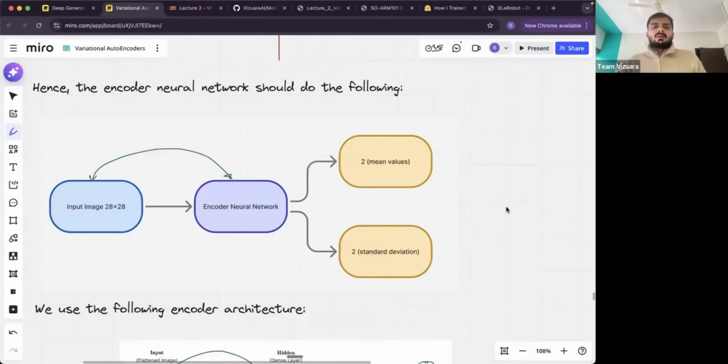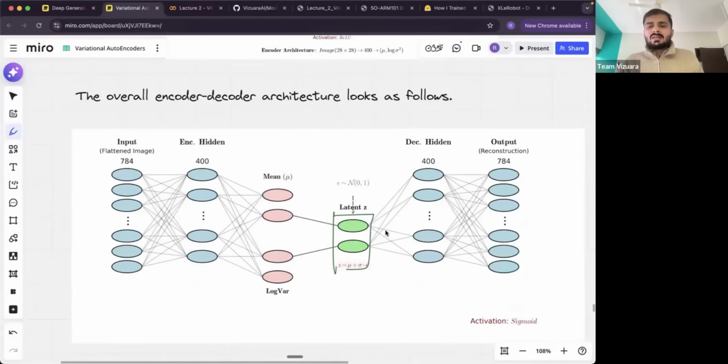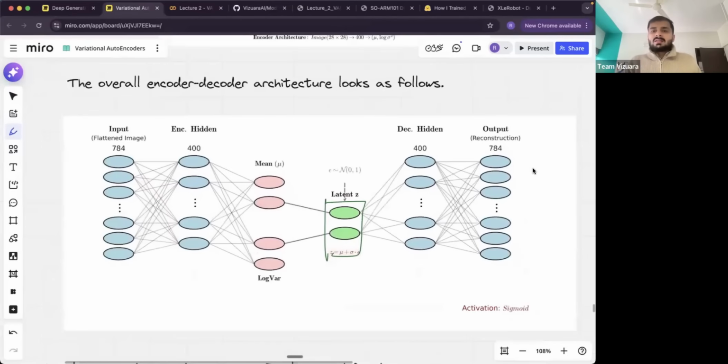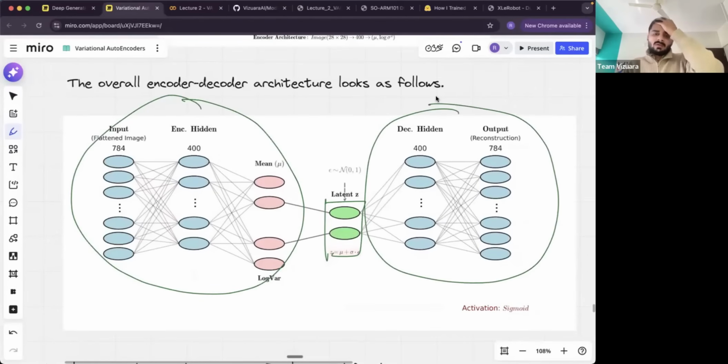First we encode it to the latent representation and then we decode it back. This is the overall architecture that exists in a variational autoencoder. Now, this encoder and decoder might take different architectures in different papers. For example, in action chunking with transformers, people use a transformer encoder here.